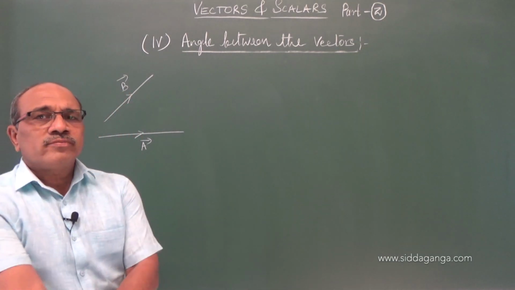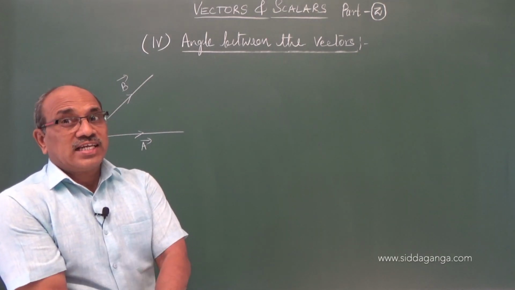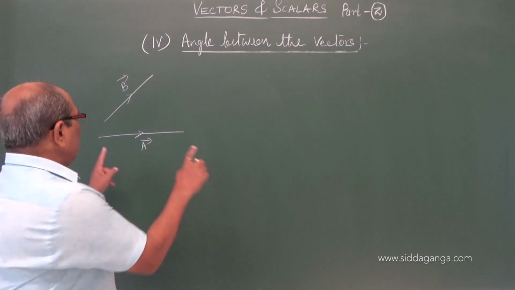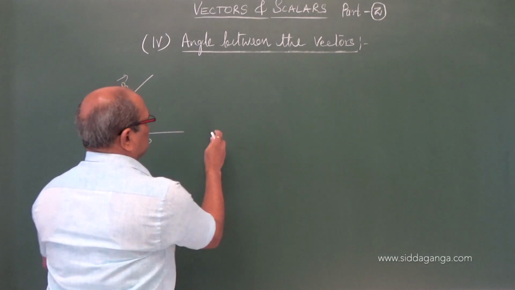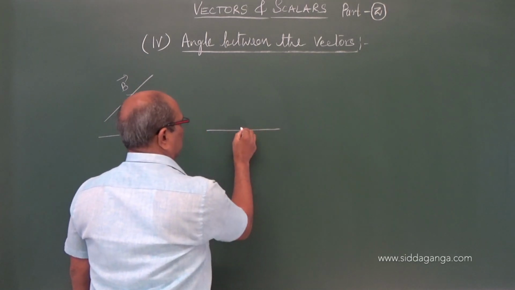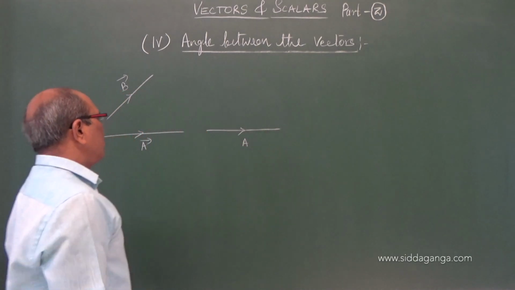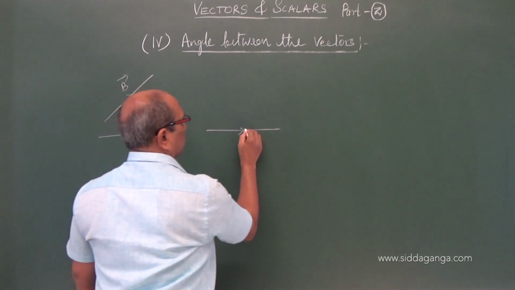You come to know we can translate or slide a vector. Let us slide this, it may or may not be necessary. Let us think I have written here this vector A. The same vector I took here.